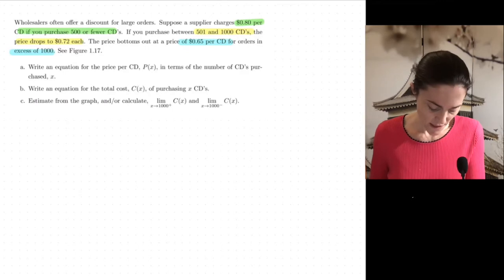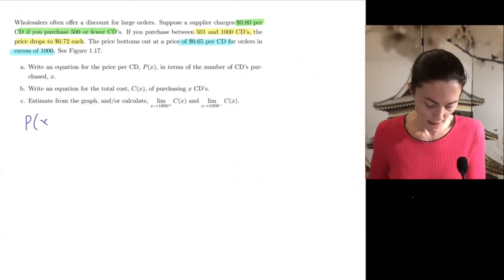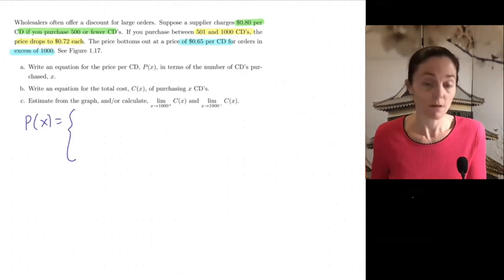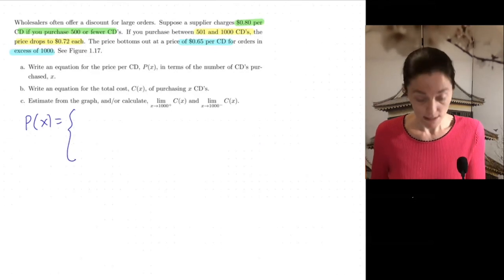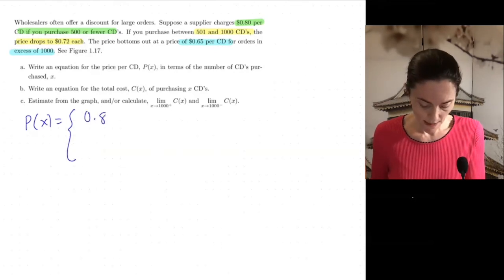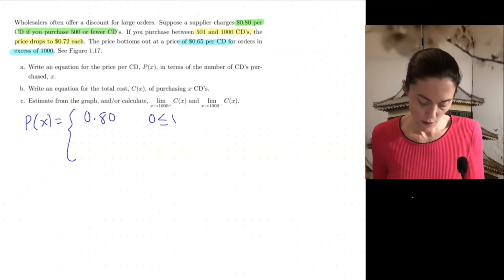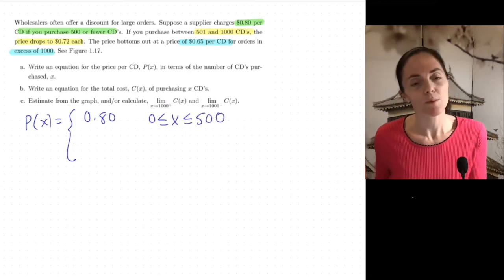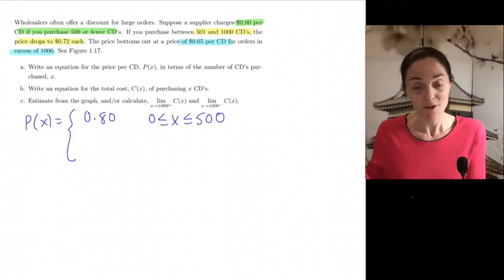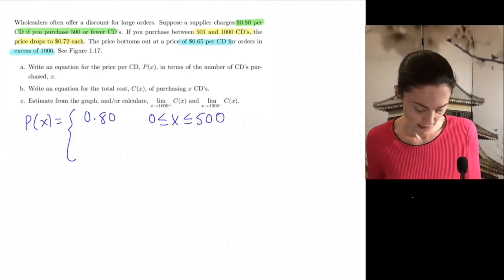This is a fun function. Price, well, this is piecewise defined. We see it here, it's 0.80 if you are between 0 and 500. I guess I could put it open at 0 because you wouldn't pay 80 cents for 0, or maybe you would. I'll leave it like this, it's fine.